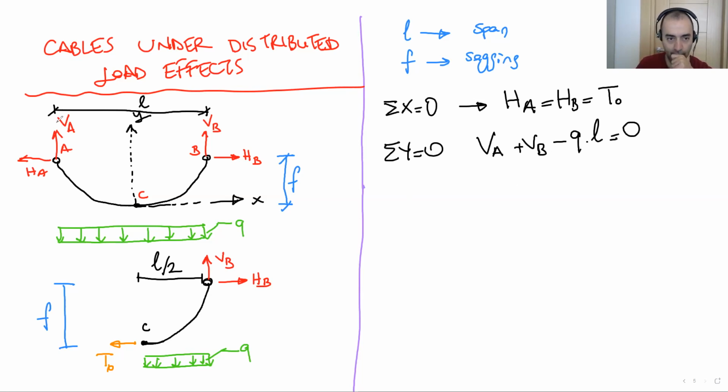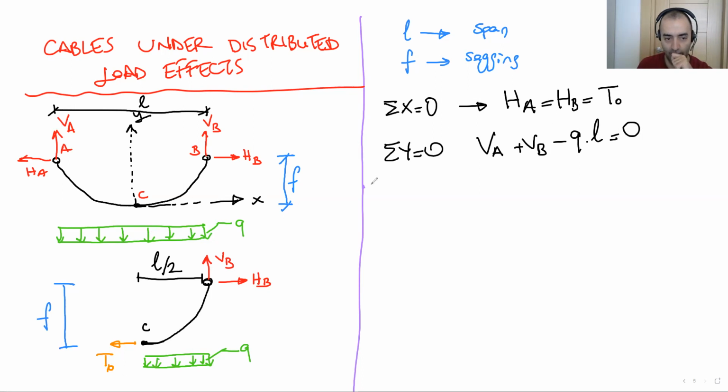Here, vertical A goes up, vertical B goes up, the Q goes down. They are all in the vertical direction. Vertical A plus vertical B minus QL equals 0.